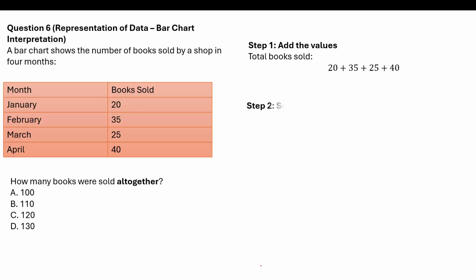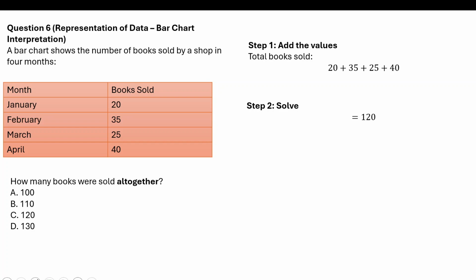Okay, so the next one here is for a bar chart. All right, so the bar chart shows the number of students in a shop. So this is the bar chart.